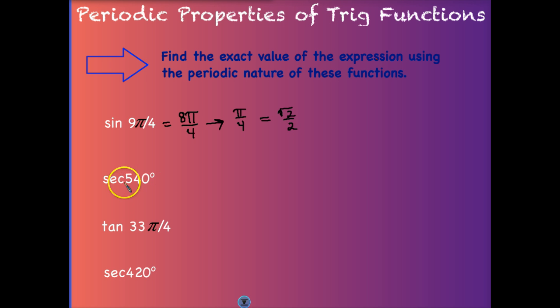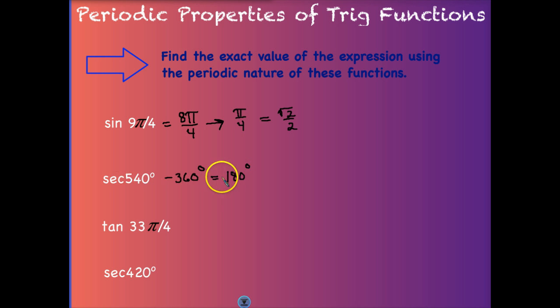Let's go ahead and look at the secant of 540 degrees. The secant is a reciprocal function to the cosine. So we know that it has a period of 2 pi. So what we can do here then is pull out 360 degrees. And what do we have left? We have 180 degrees left.